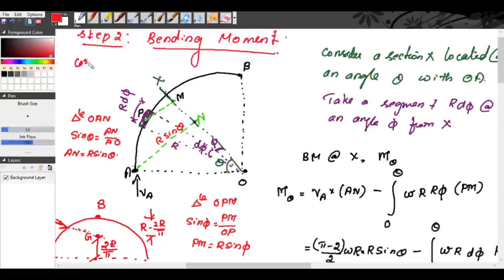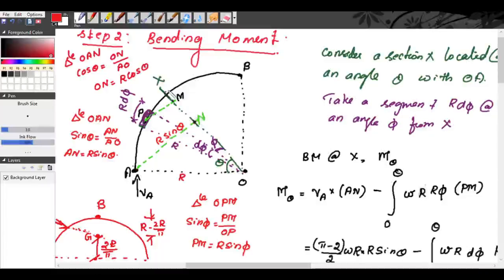So ON is equal to R cos theta because AO is the radius R. We need XN.